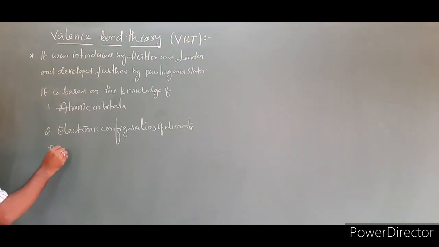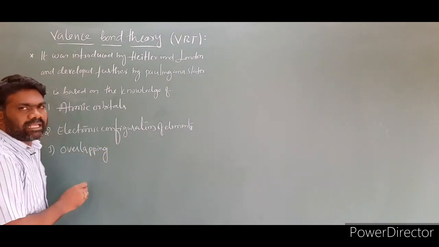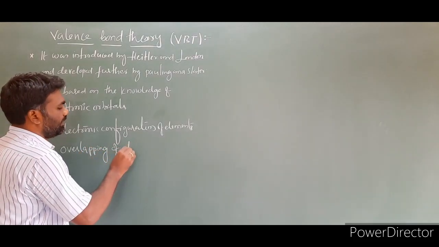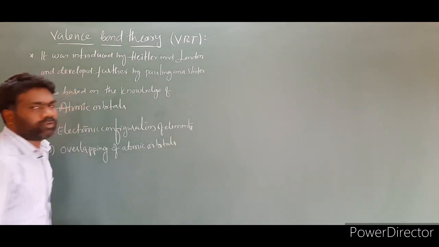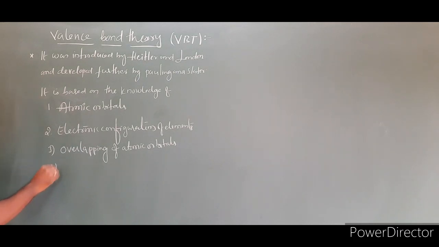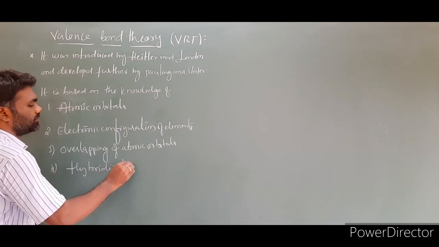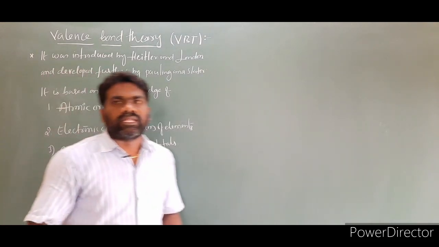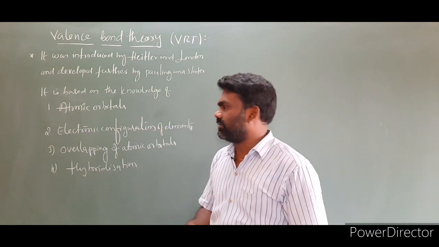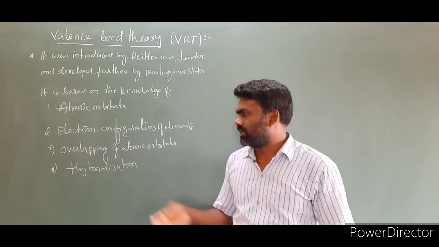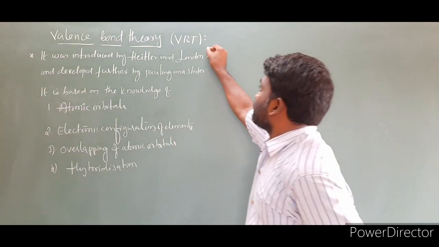The third one is overlapping of atomic orbitals. And the fourth one is hybridization. So valence bond theory is based on the knowledge of atomic orbitals, electronic configuration of elements, overlapping of atomic orbitals, and hybridization. Now let us understand VBT by taking an example.